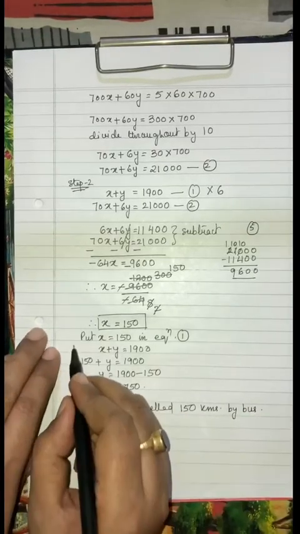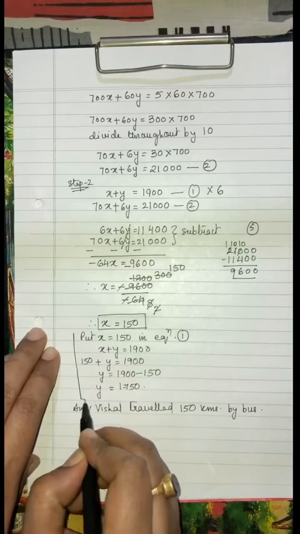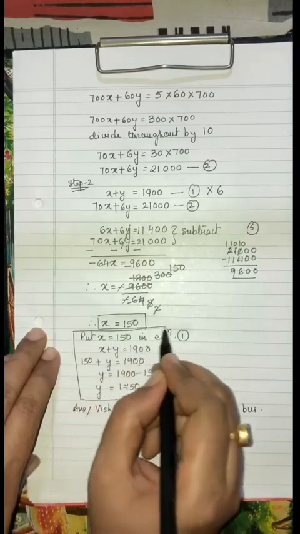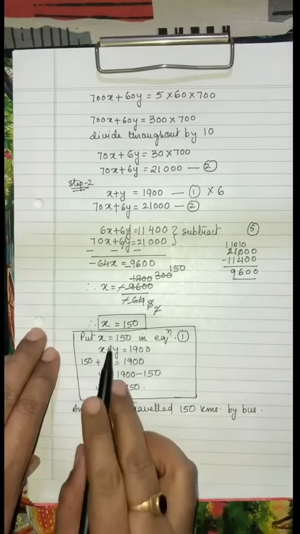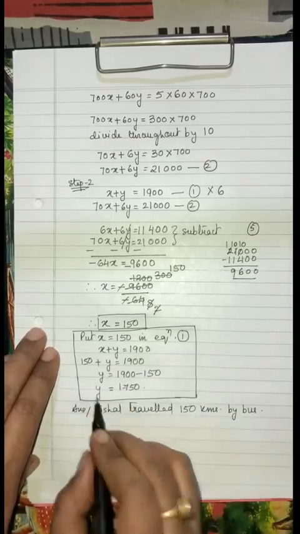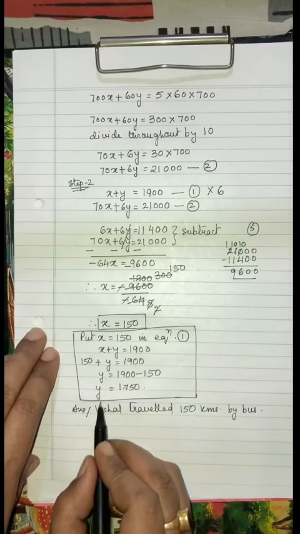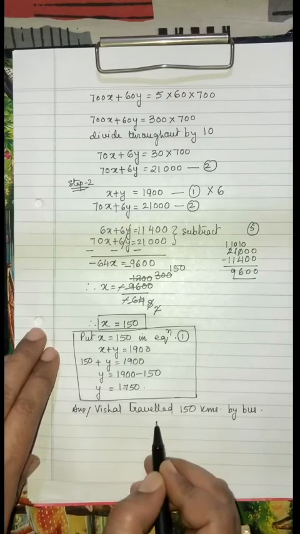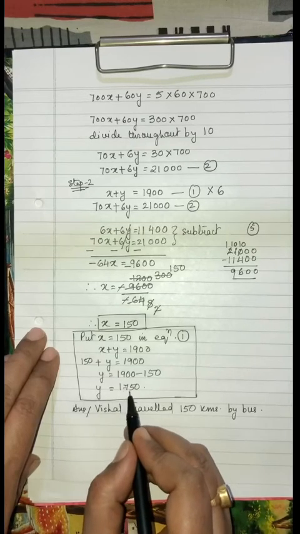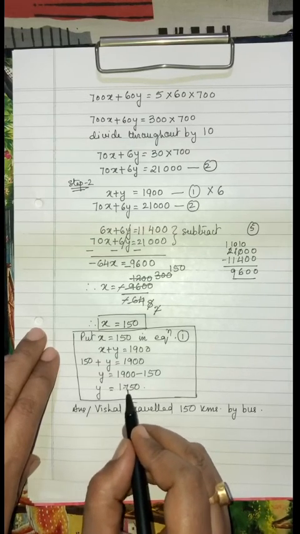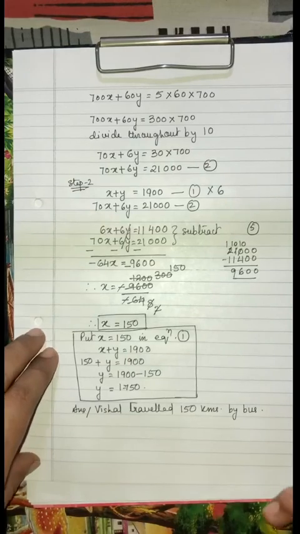So children, this portion, if it is not asked, we don't have to show it. If asked, then only we have to find. If not asked, then no need. And if asked, then also you have to continue with the answer as Vishal travelled by aeroplane 1750 kilometers. Alright.